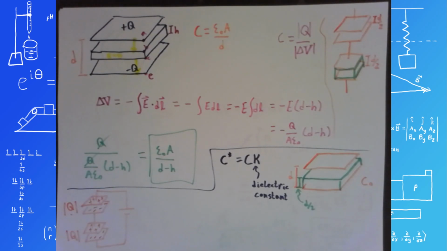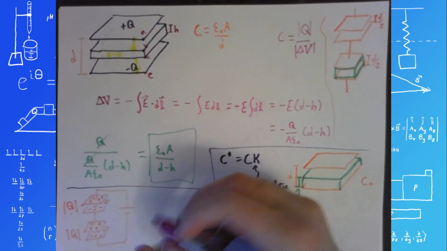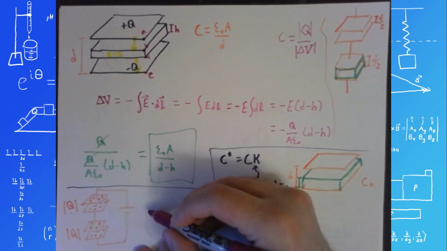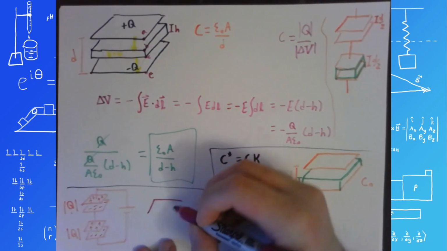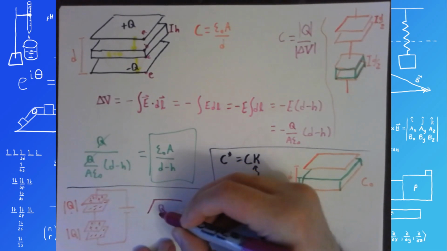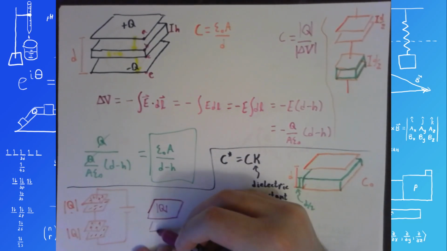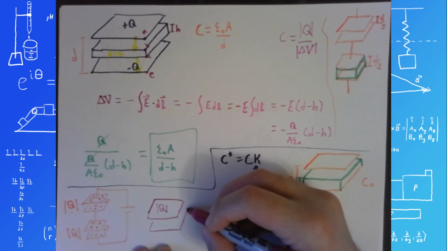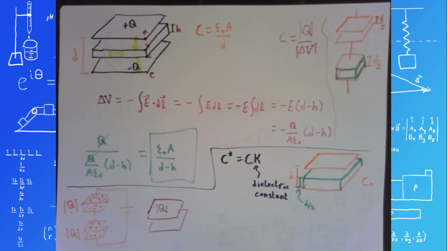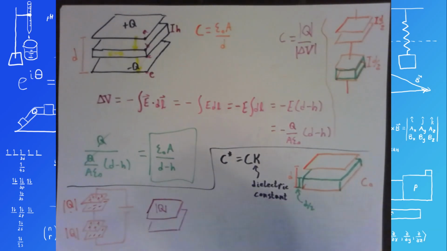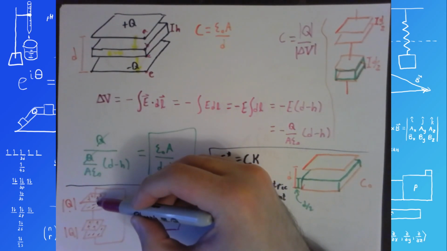So if I wanted to replace these two capacitors with a single capacitor that has the same overall capacitance, then they would have to be replaced with a capacitor whose total separation of charge has a magnitude of Q, and whose total change in voltage between the two plates equals the sum of the change in voltage for each of these two.